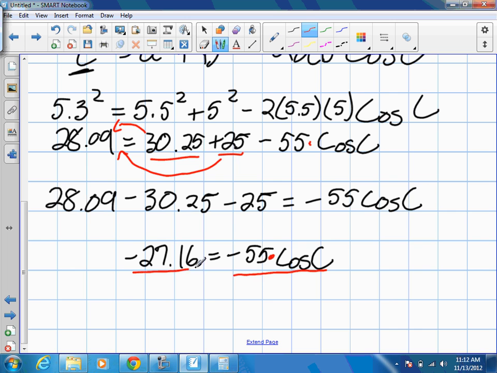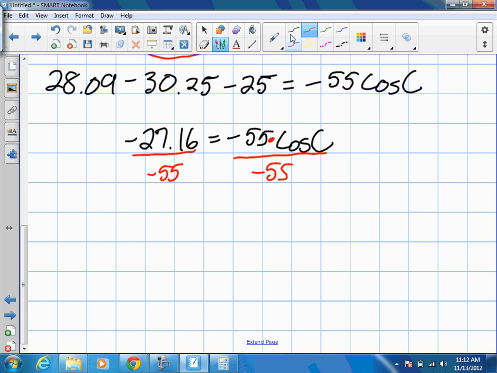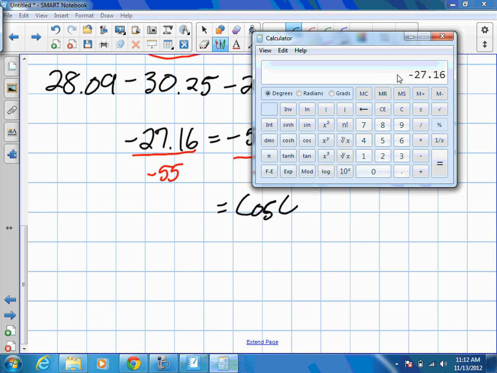I got to divide by negative 55. Okay? That will mean we'll have cos C on one side by itself, and this divided by negative 55 is 0.49381.